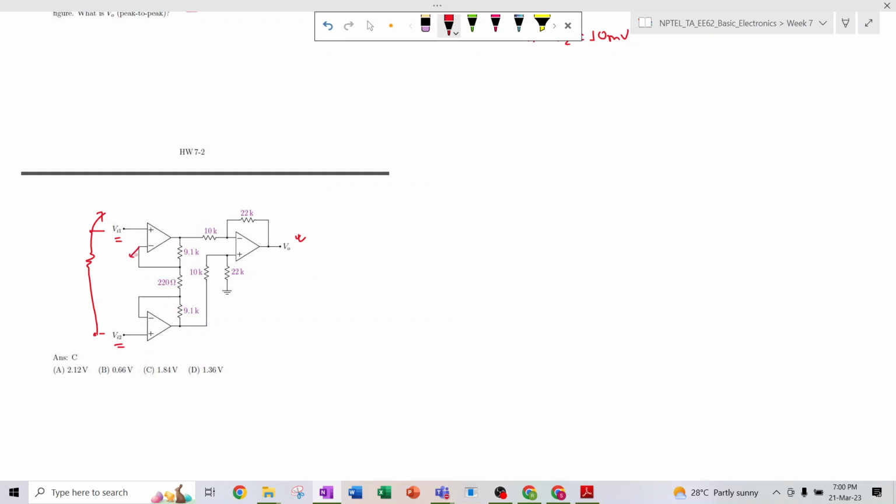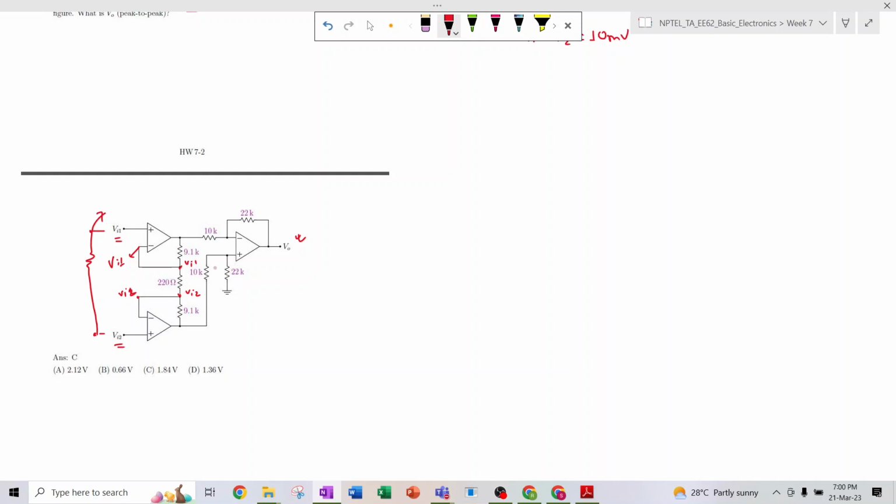So this terminal will be Vi1, and similarly for this op amp also the non-inverting terminal is Vi2, so the inverting terminal will be Vi2, and this terminal is connected to Vi1. So this is Vi1 and this is Vi2.